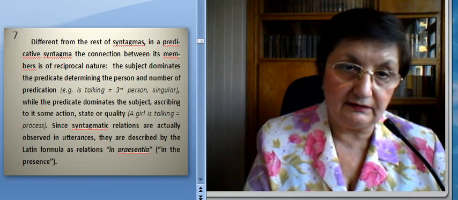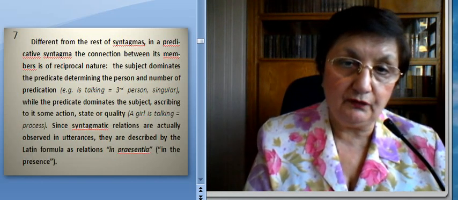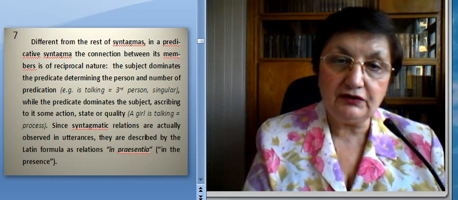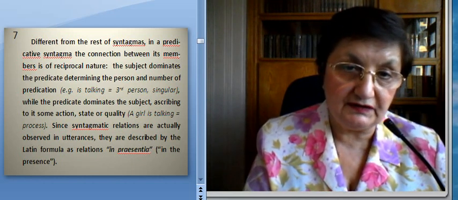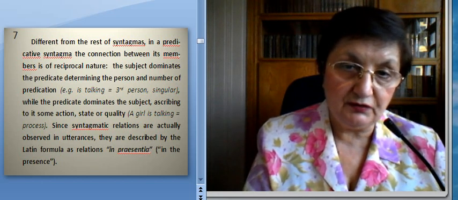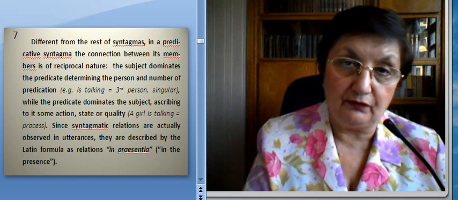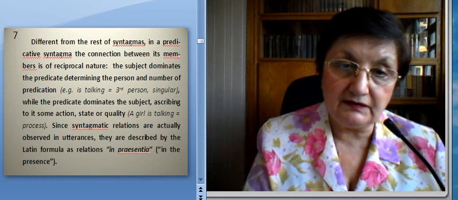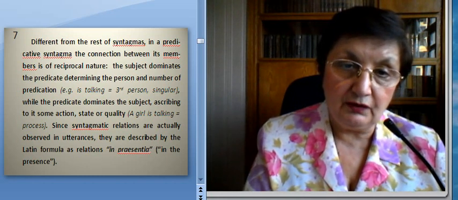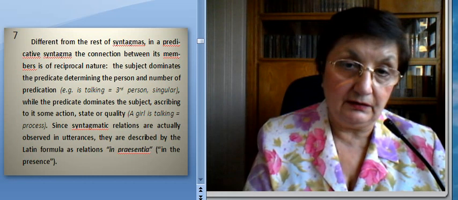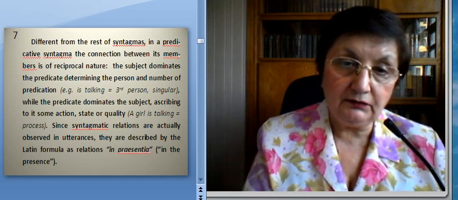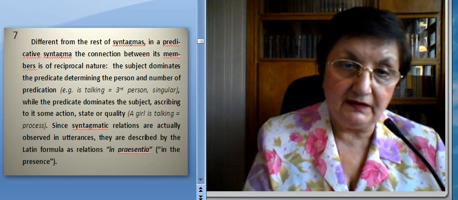Different from the rest of syntagmas, in a predicative syntagma, the connection between its members is of reciprocal nature. The subject dominates the predicate, determining the person and number of predication, while the predicate dominates the subject, ascribing to it some action, state, or quality. In our example, the predicate is talking is determined by the subject as a third person and singular in number.